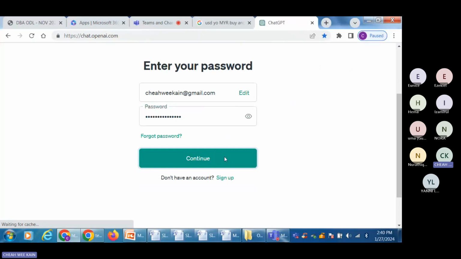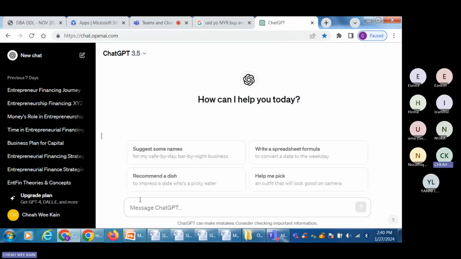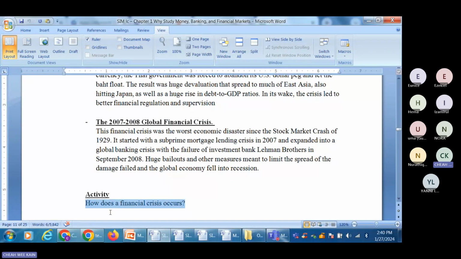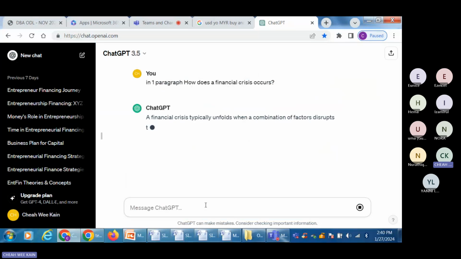It's free, but you must have a Gmail account. So you can type down there, in one paragraph: how does a financial crisis occur? And then you press enter.